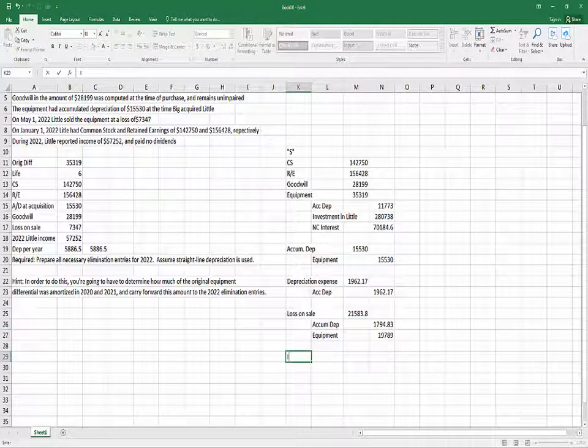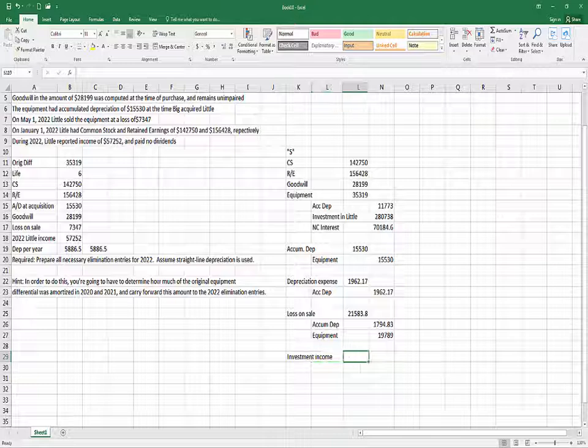Now we need to go ahead and do the investment income and the income to the non-controlling interest. Basically, the parent's investment income is going to be their 80% of the subsidiary's adjusted, realized earnings. So we start with the reported earnings, 57,252. I always do that.